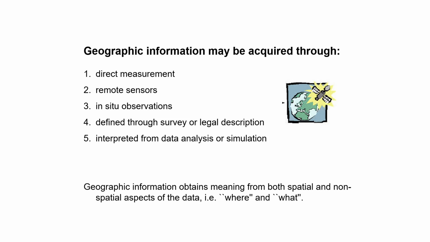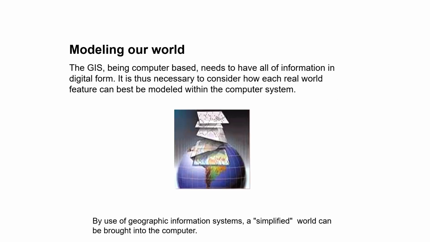So we get new data from input data sets. Geographic information obtains meaning from both spatial and non-spatial aspects, where and what. So we use all these models to model our world.